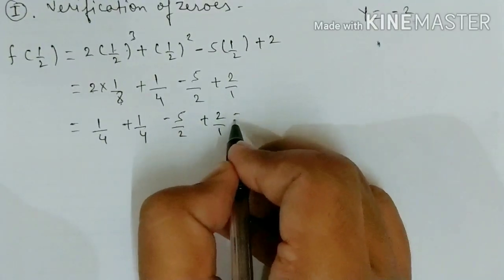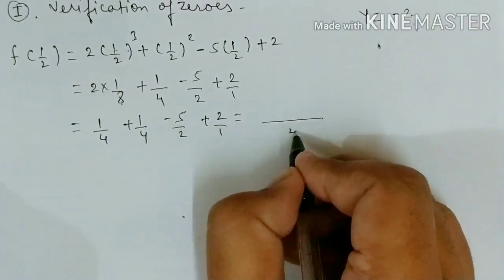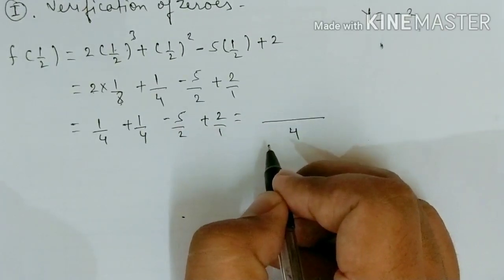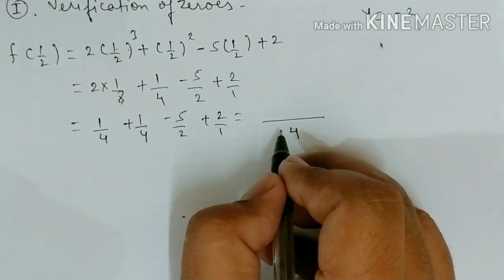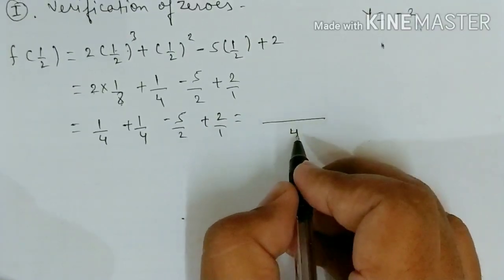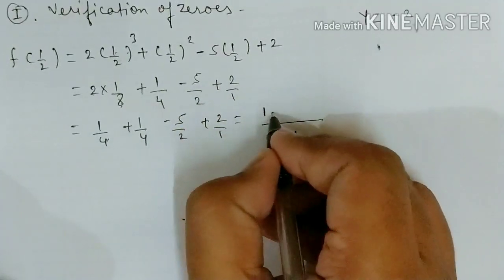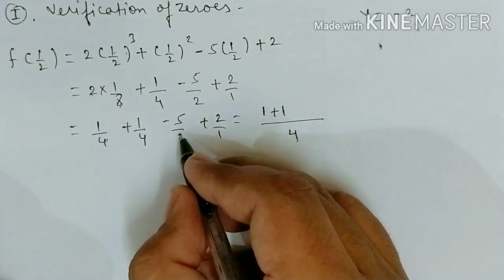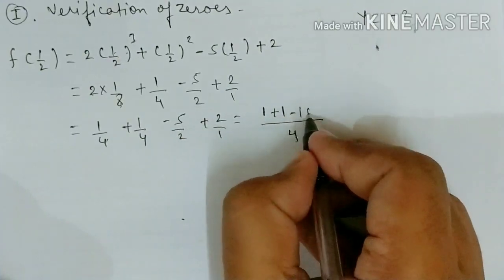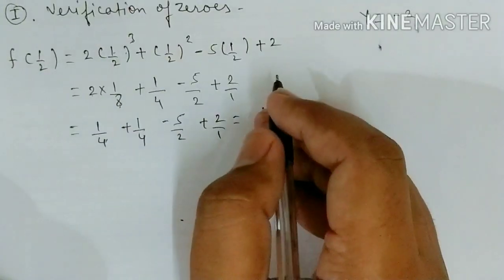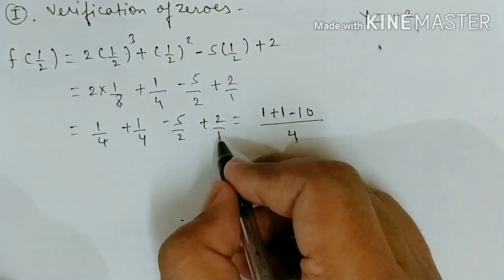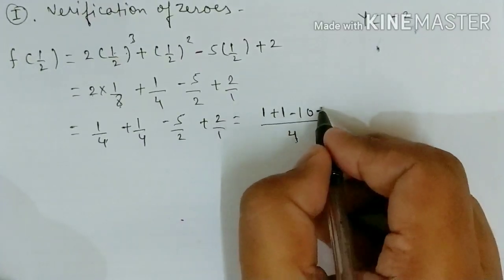When you take the LCM, it will be 4. When you simplify it, 4 divided by 4 is 1, 1 into 1 is 1, plus 1, 4 divided by 2 is 2, minus 10, and 4 divided by 1 is 4, 4 into 2 is 8.